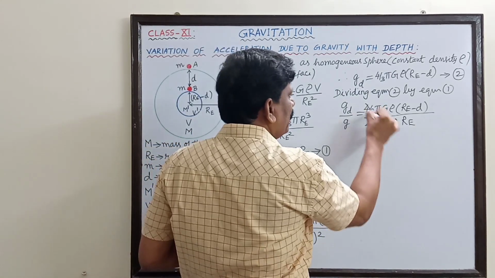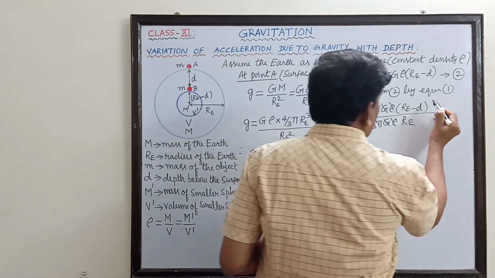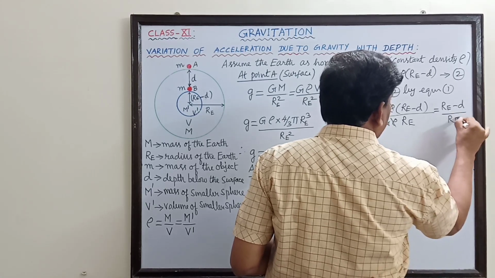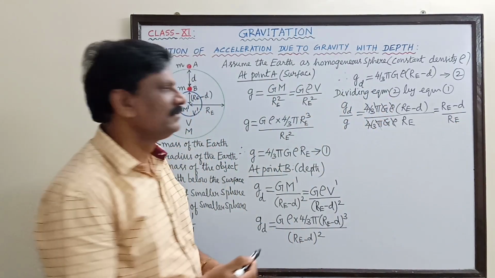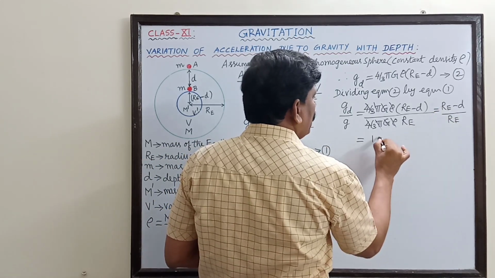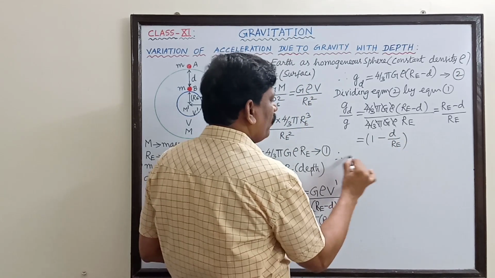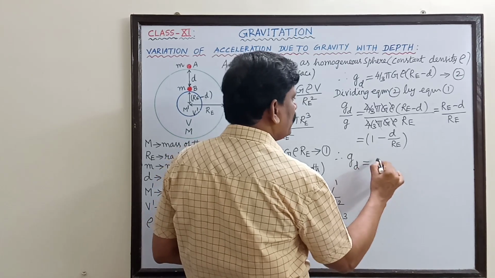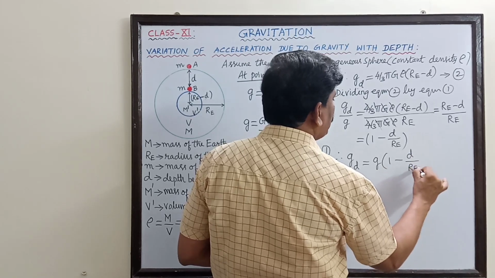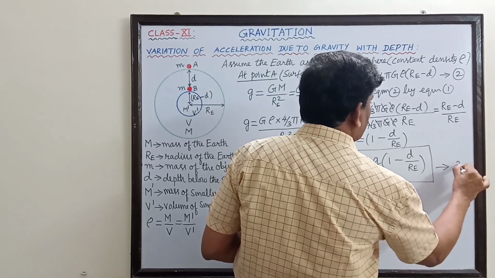This 4 by 3 pi G rho all will get cancelled, so that this is equal to Re minus d divided by Re. Okay, so this is equal to Re by Re is 1 minus d by Re. This will remain. Therefore g at a certain depth is equal to g multiplied by 1 minus d by Re. This is the required final equation number 3.